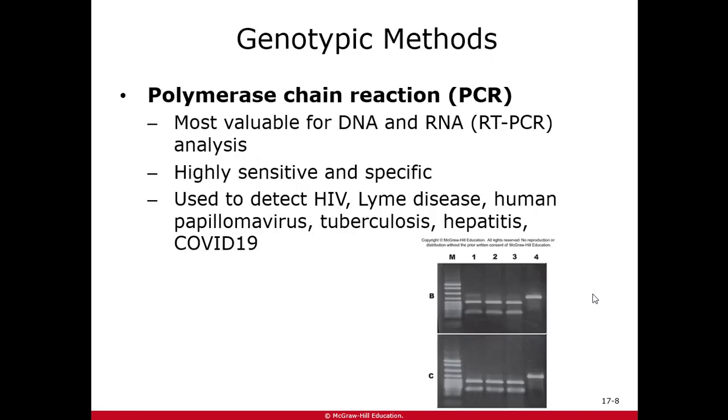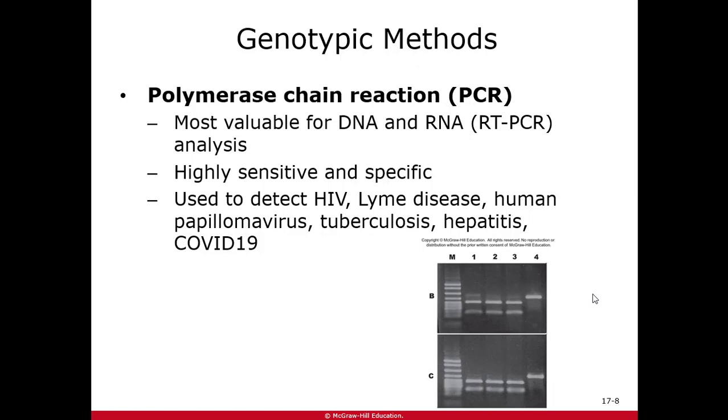So the first type of genotypic method we're going to talk about is called the polymerase chain reaction, or PCR. It's an extremely fast method to detect a specific organism, whether bacteria, virus, or fungus, but we are looking specifically for that organism's DNA or RNA, depending on what they have.